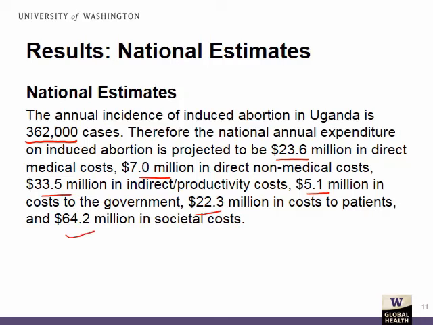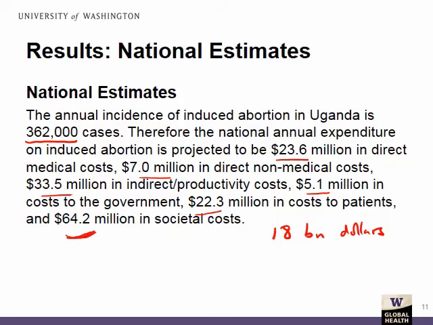And for a country that has a GDP of $18 billion per year, this $64 million is not trivial for a single disease area, for a single adverse event, like the complications of unsafe abortion. So in my view, and you can disagree with me, $64 million in societal costs for induced abortion is a high burden of disease.